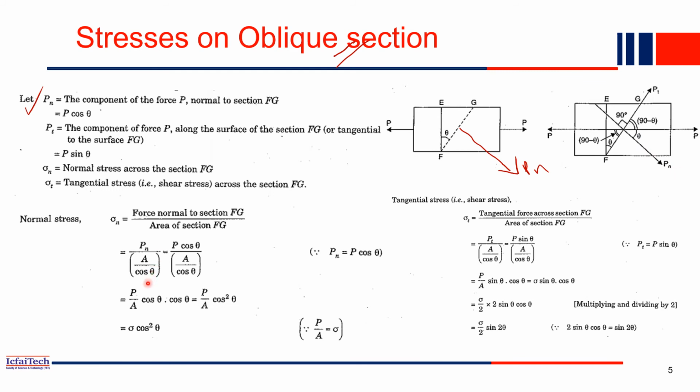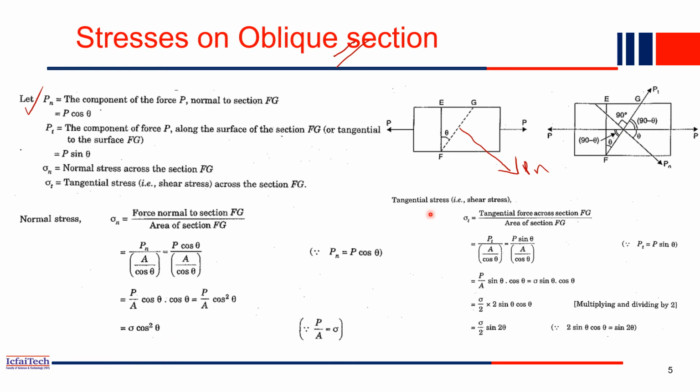So Pn by A by cos theta. Now Pn, again, we have computed as P cos theta. So just replace Pn by P cos theta. Once you simplify this, you will get P by A cos theta into cos theta, or P by A cos square theta. P by A is again sigma, as in the last slide. So the normal stress in this section will be sigma cos square theta.